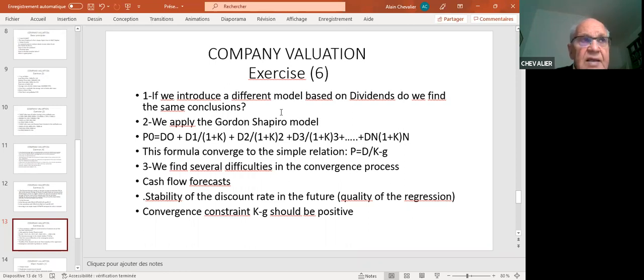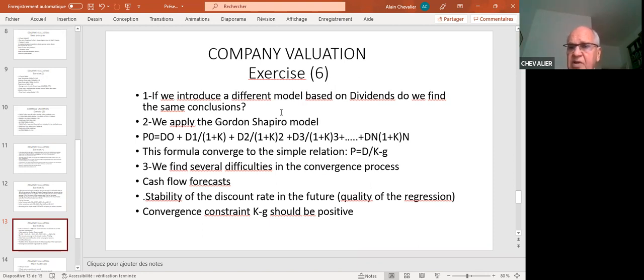So K is nothing else but the cost of equity. It means in all these models based on free cash flows, whatever they are, you will use the WACC. But in the Gordon-Shapiro model and all the models based on dividend, you will use the cost of equity.